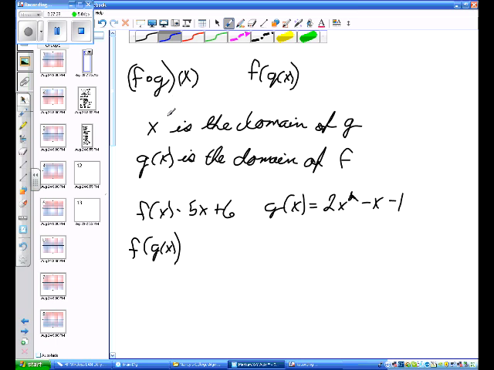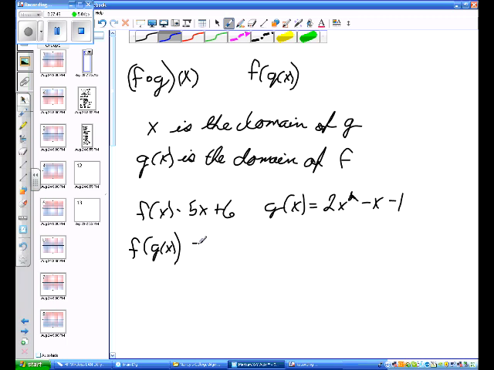But you may use either one, and you're going to see both types in the books that you would be using. So this means we want to take our function f, and wherever there's an x, we're going to plug in our function g of x.